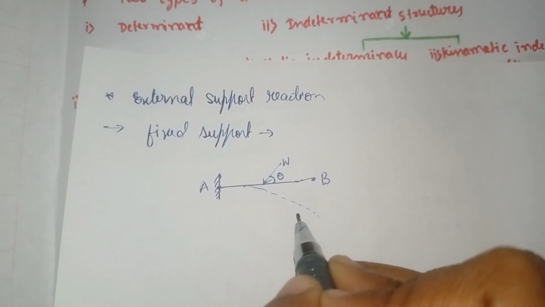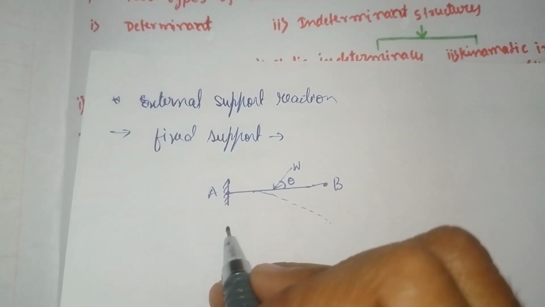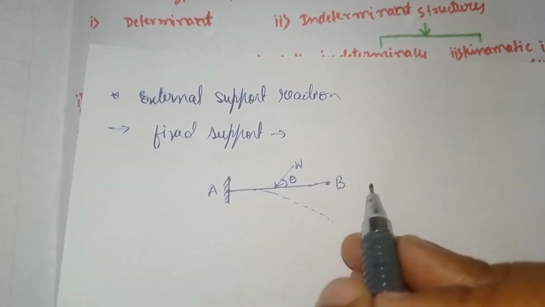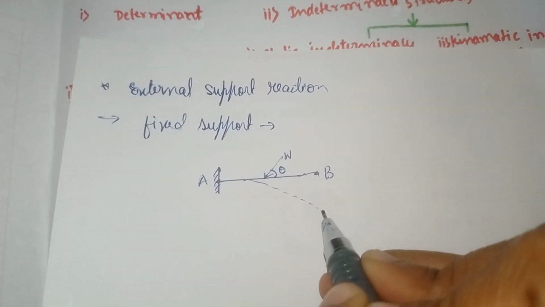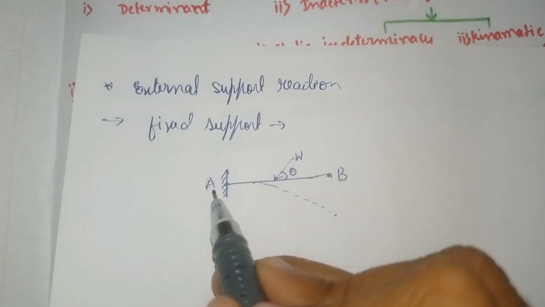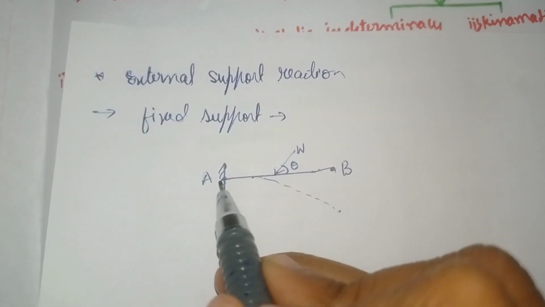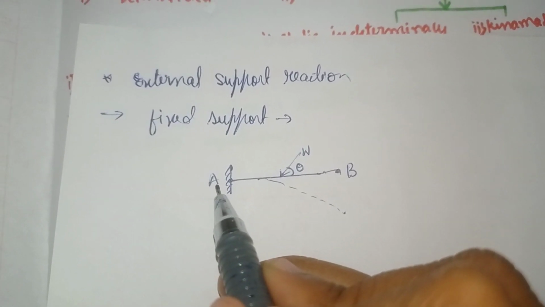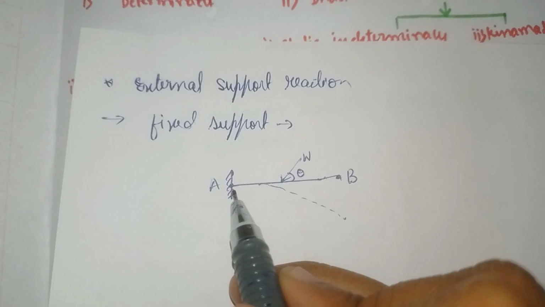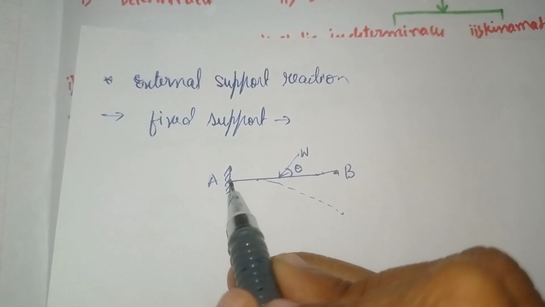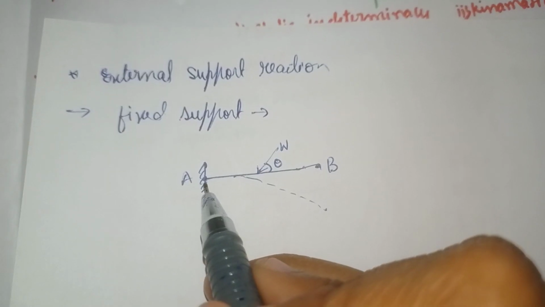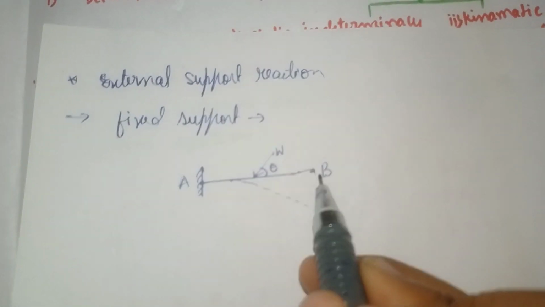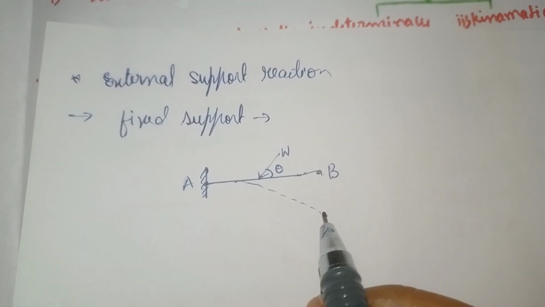After applying the load, point B moves from here to here. But point A stays in the same position as it was before applying the load. It does not move. But point B moves from here to here.